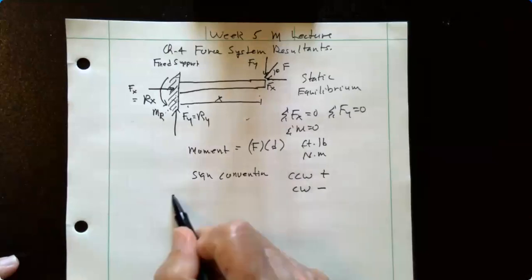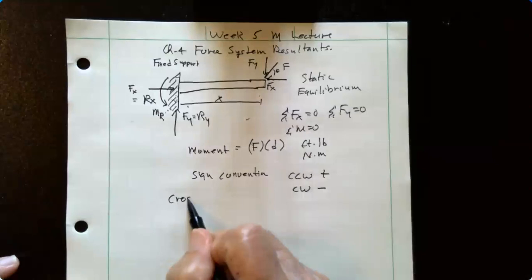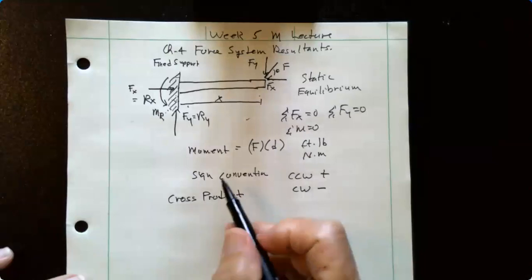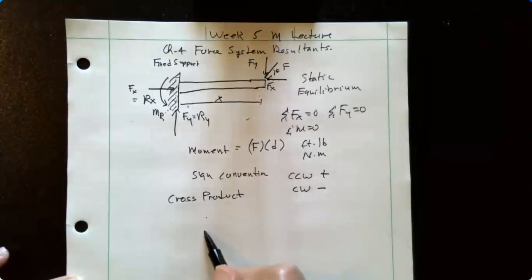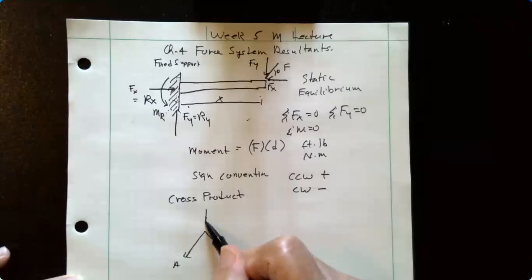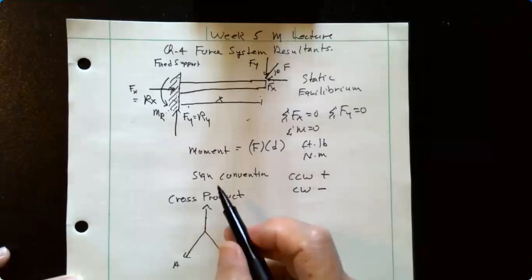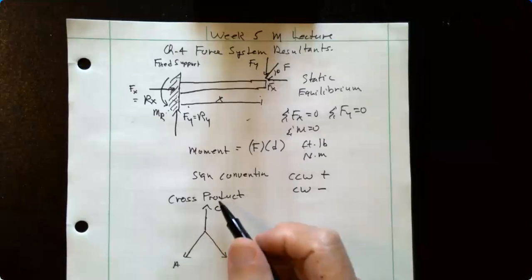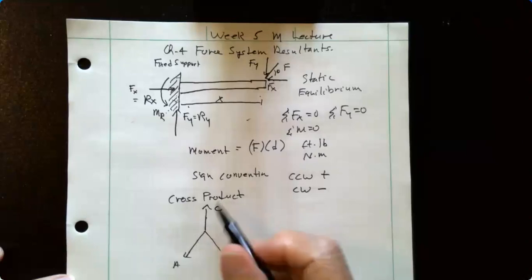We have a cross product. Suppose I have two vectors, force quantities. It's force A, this is force B. I'm going to draw a vector quantity C. And the angle, this will be planar, A and B are in a plane.